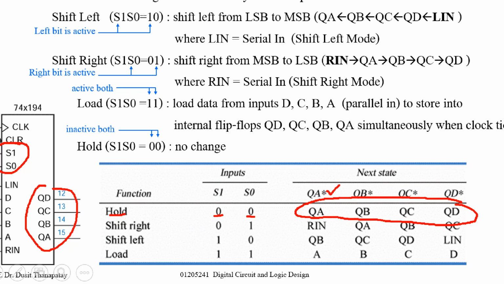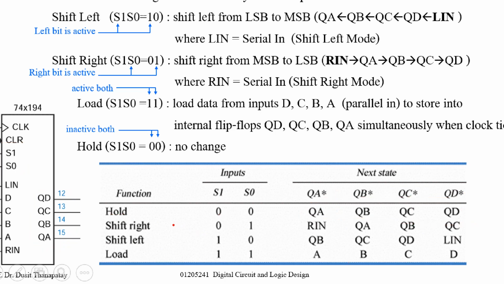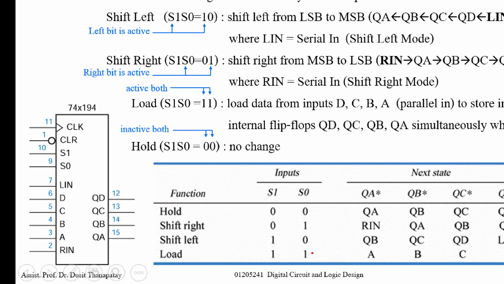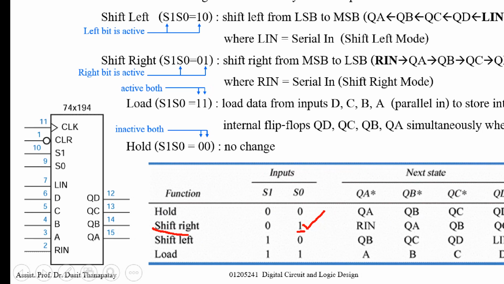QA star, the next value of QA, is the last QA, the same value as the previous QA. QB star also is QB, QC star is QC, QD star is QD. So nothing changes. Then it's hold mode. But if S0 is active only, this bit is on the right-hand side, so this is chip right mode.